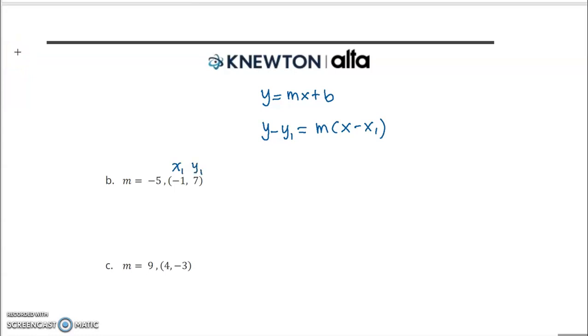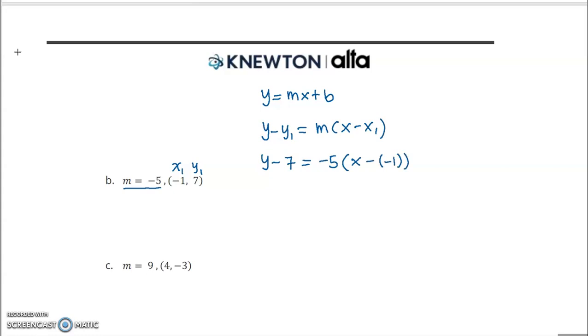Plugging into the formula, we have y minus, our y sub 1 is 7, is equal to m. This m is equal to negative 5, so negative 5 times x minus x sub 1, which is negative 1.